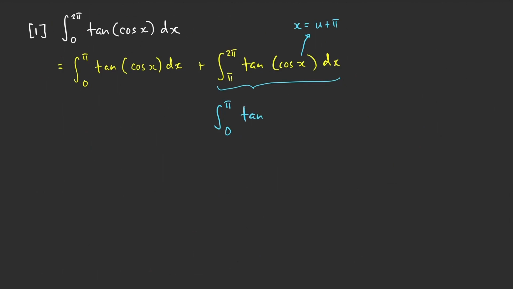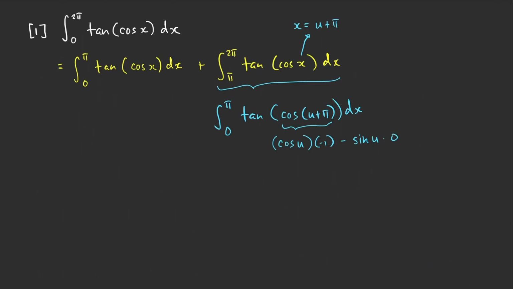And then that is tangent of cosine of u plus pi. If you know the sum identity for cosine, this is just equal to cosine of u times cosine of pi, which is -1, minus sine of u times sine of pi, which is equal to 0.